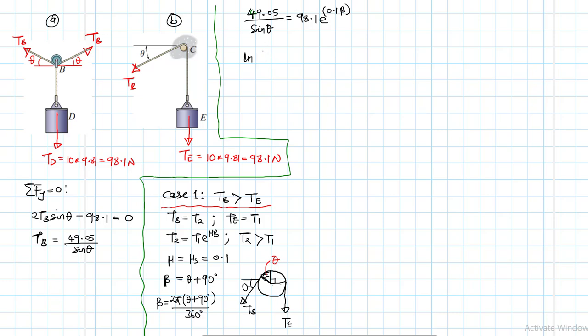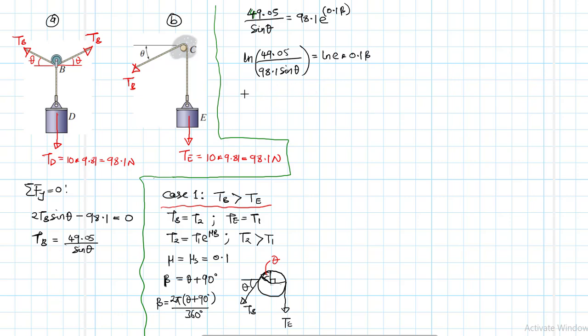So we have an expression like this, 49.05 divided by 98.1 sine theta, which is equal to ln e times 0.1 beta.